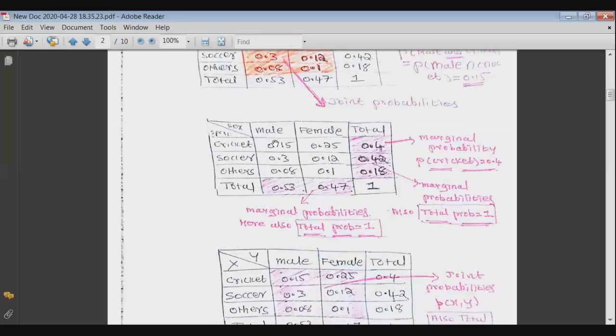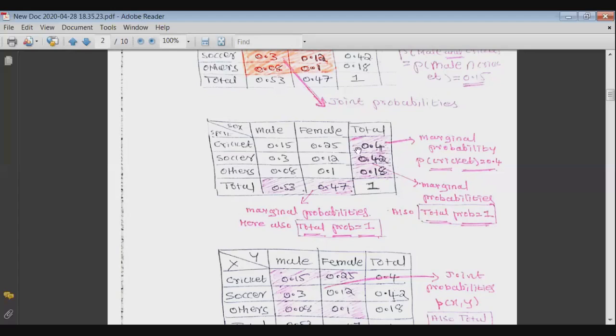In the same fashion, those were the row totals; once you go for column totals, the column totals are 0.53 and 0.47. This 0.53 means 53% of the males took part in the survey, and similarly 0.47 or 47% of the females took part in the survey, and these are also called marginal probabilities.